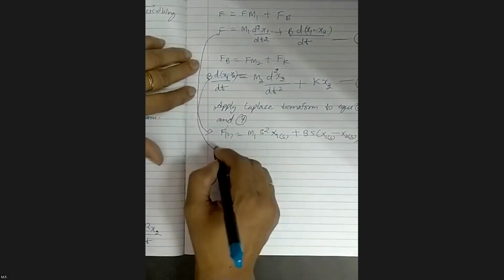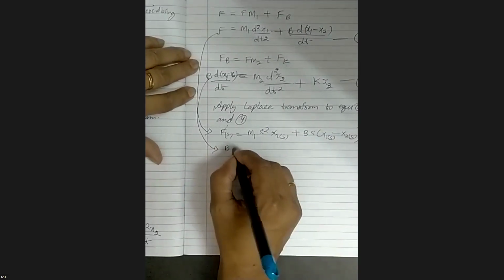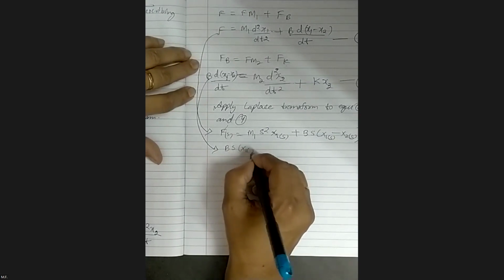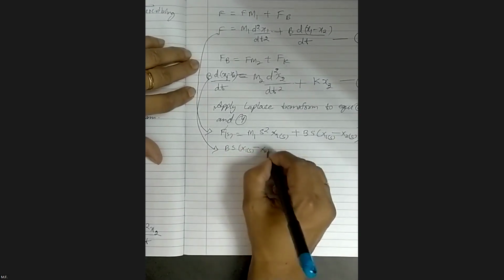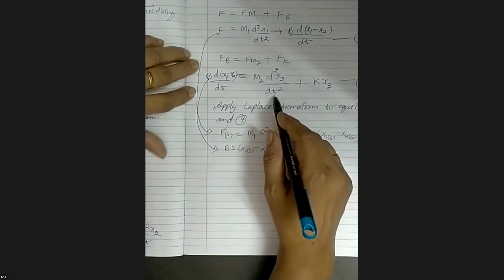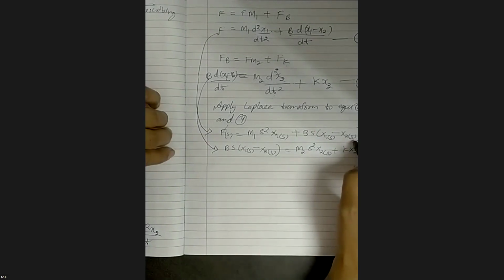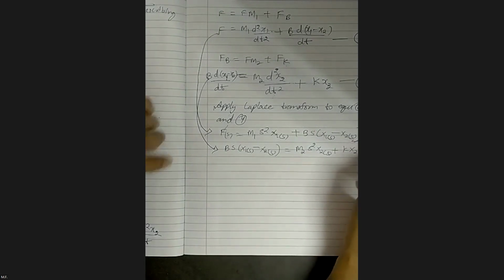Now apply the Laplace transform to equation number 4. This is equal to M2, for the double differentiation Laplace, it is equal to S square X2 of S plus k X2 of S. So now this is the equation number 5 and equation number 6.